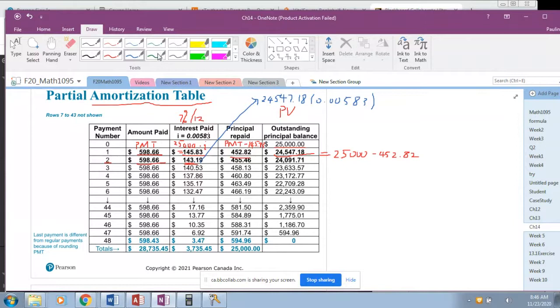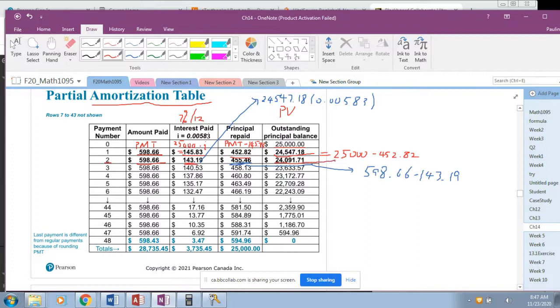And then how do you get this 455? You use the monthly payment, 598.66, minus the interest portion, 143.19, and you get 455. And then how do you get 24,000?